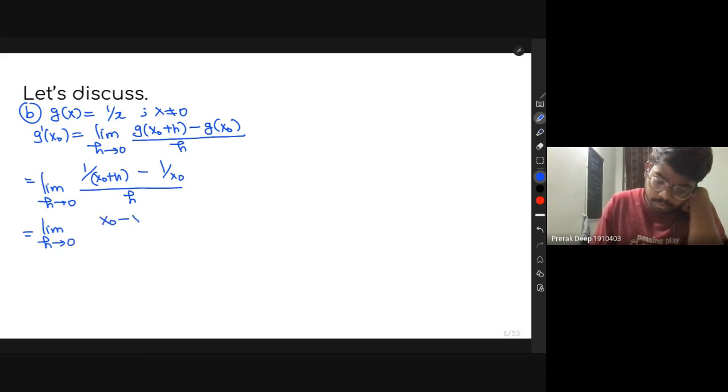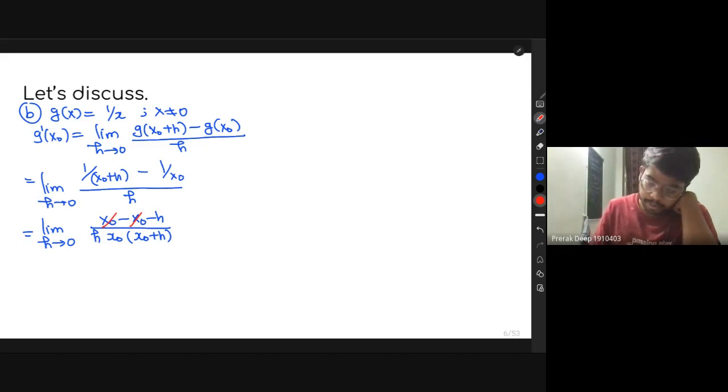This is going to be x naught minus x naught plus h over x naught times x naught plus h, and h also comes here. You can cancel out x naught by minus x naught. Whatever is remaining, just write down that part. It is going to be minus h, and now minus h also gets cancelled by the h in the denominator, so you will be remaining with minus 1 on the top, divided by x naught times x naught plus h.